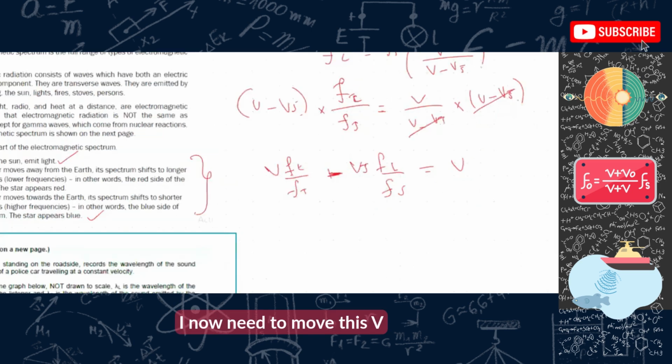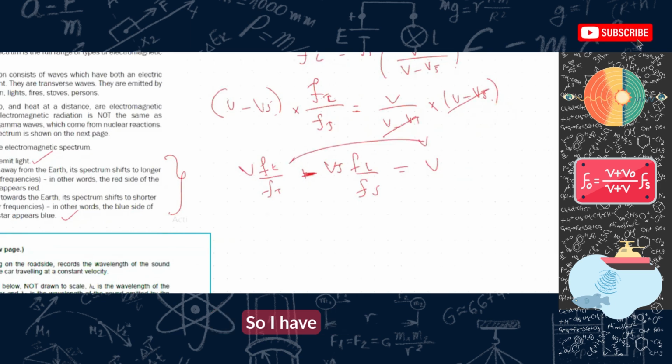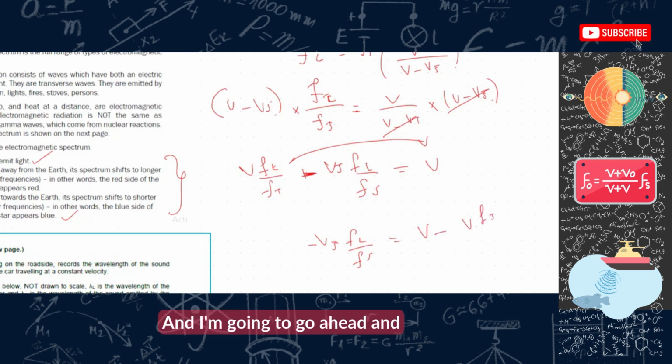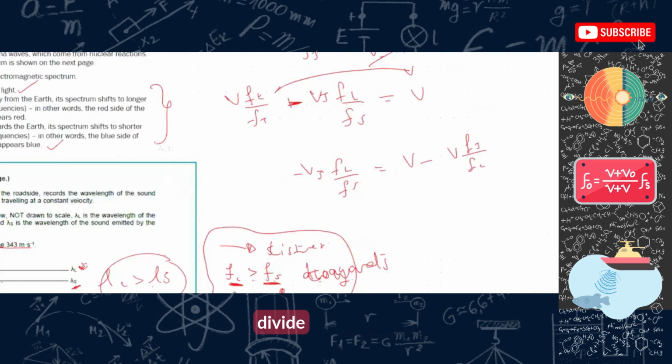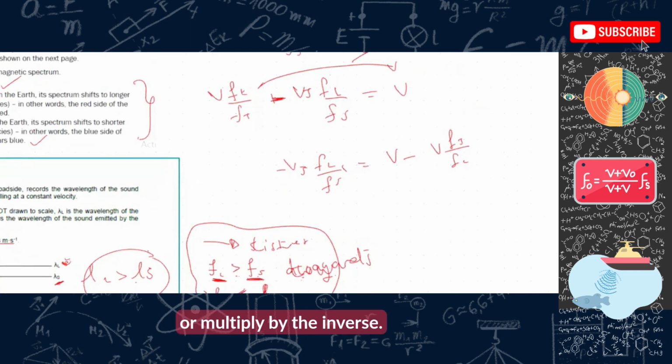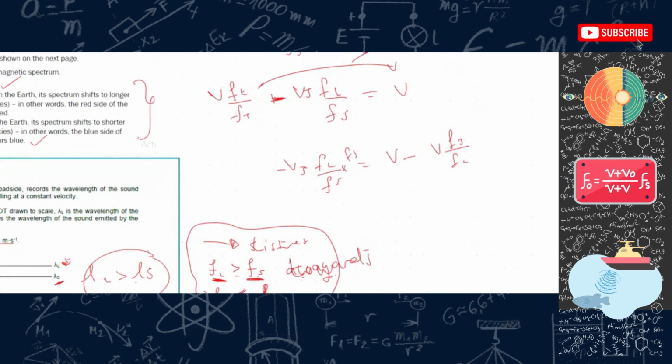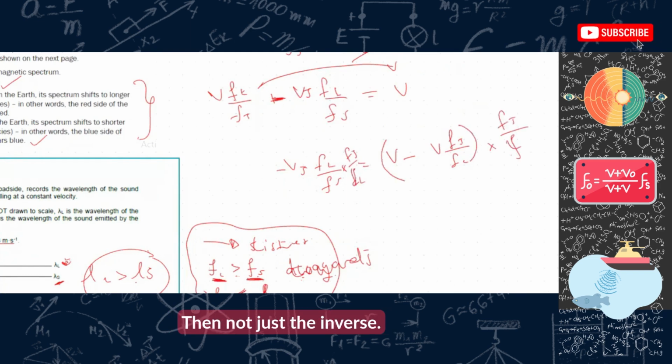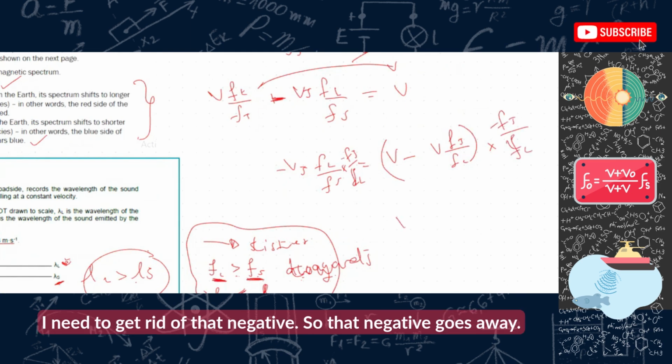I now need to move this v to the other side. So I have negative vs fl over fs equal to v minus v fs over fl. I'm going to multiply the whole thing by the inverse, and I need to get rid of that negative, so that negative goes away.